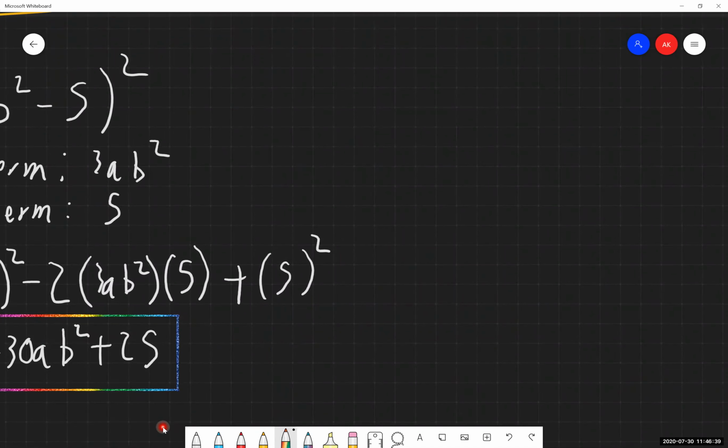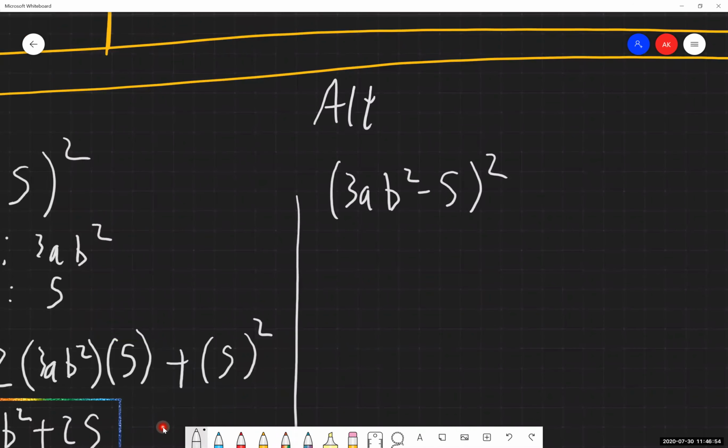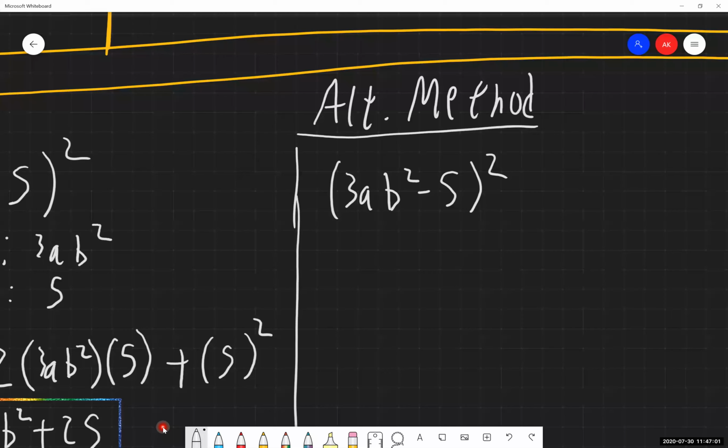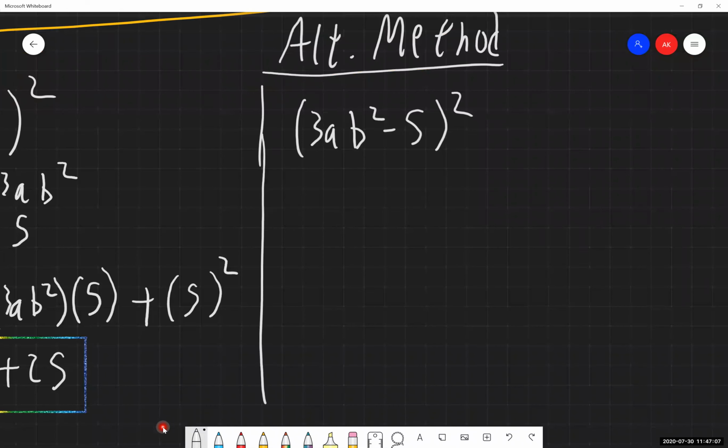Whoops. The number is correct here. So we had that, so alternate method. Is saying, yeah, I'm not going to use the shortcuts, which is fine. Again, I'm not as particularly big a fan of the quote-unquote shortcuts, the square of a sum and the square of a difference, myself.